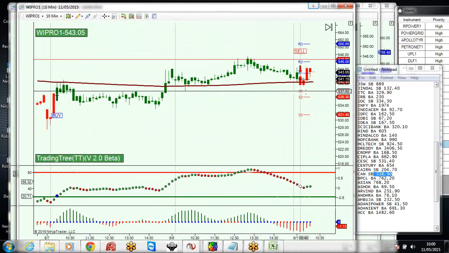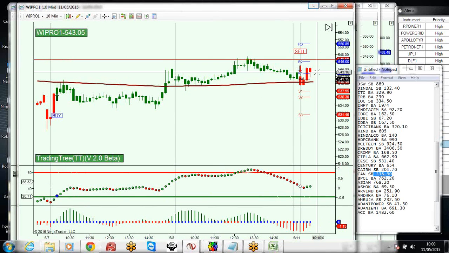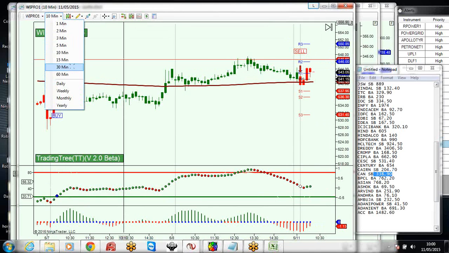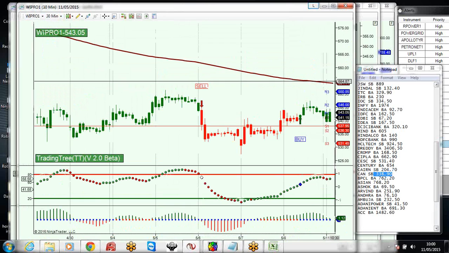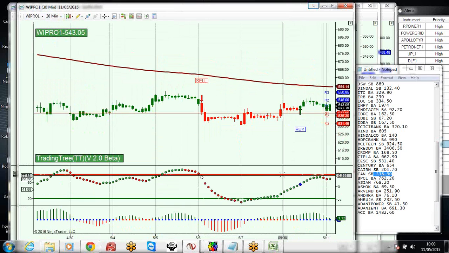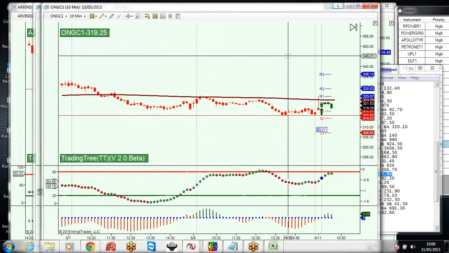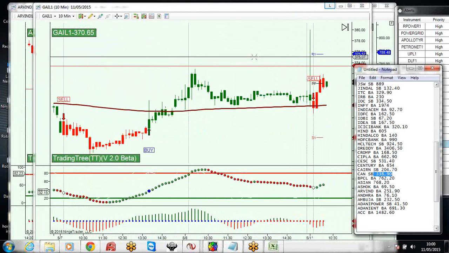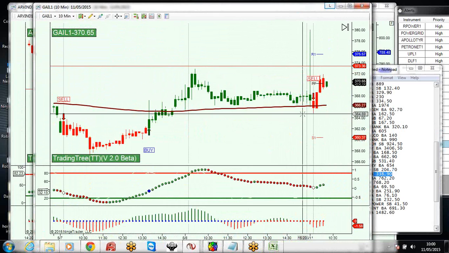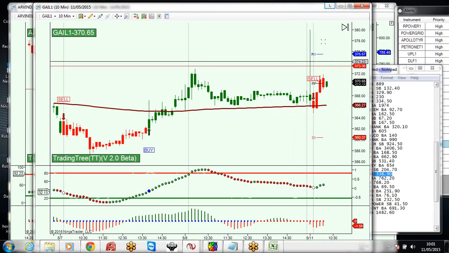Wipro, you can see that we had this sell call in the morning that has not got triggered. It's moving up, so let's check in 30 minutes. It will be an uptrend. And same thing with GAIL. We had a sell that has not triggered. We should be getting a buy call here in GAIL again.